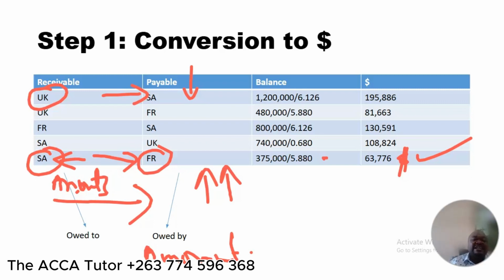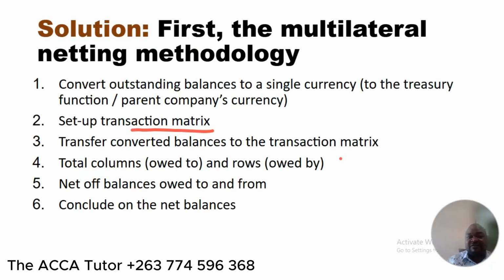But when you are looking in the payables column, you then have to move from the payable to this side, telling yourself that the South African company is being owed by a UK company. That's the trick. This is why I said you need to follow the steps. If you establish these first steps, then you're home and dry.